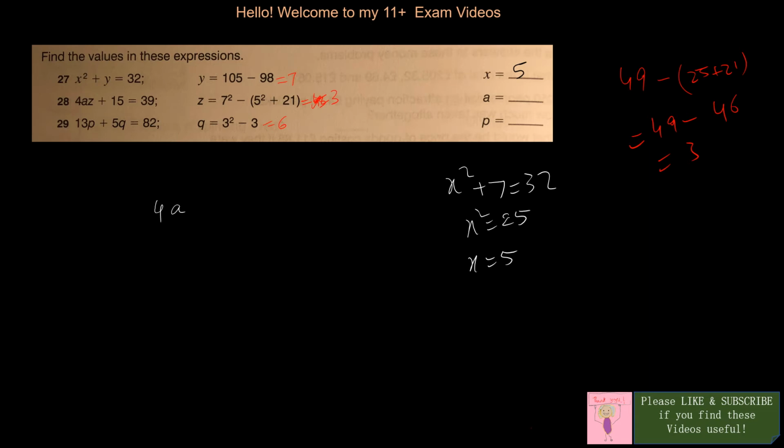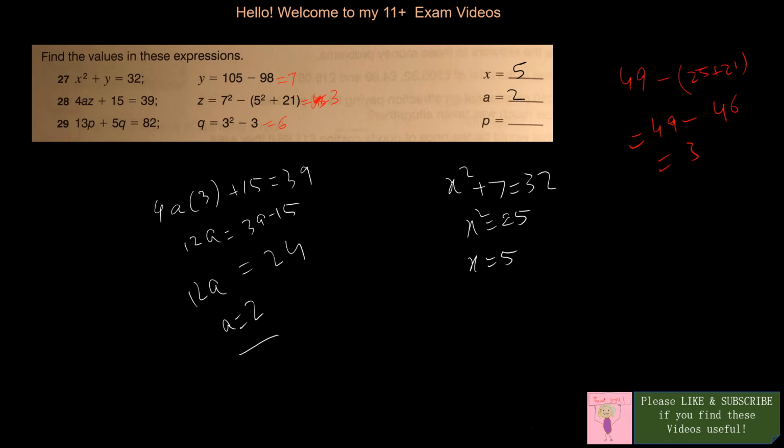So 4a times 3 plus 15 is 39. 12a equals 39 minus 15, that is 24. So a is 2.